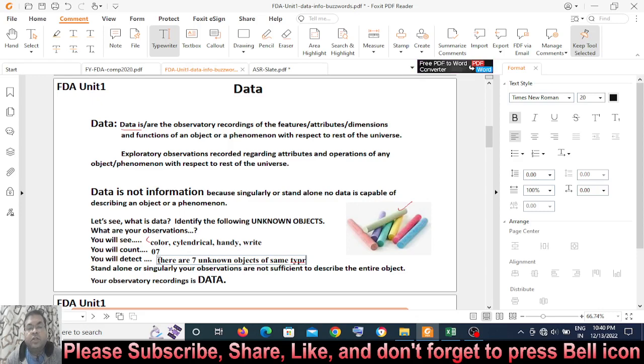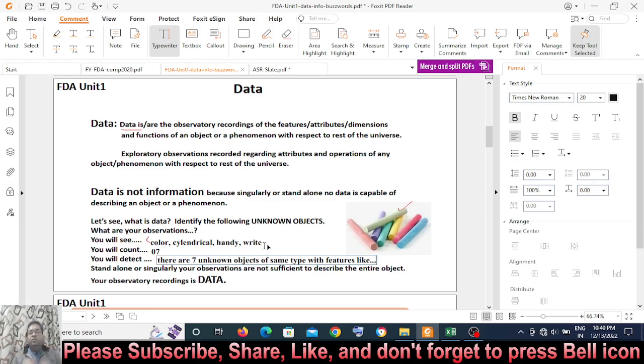Same type with features, and you go on listing the features of this object. The object has color, a cylindrical shape, and is handy, so you can handle it very easily. This object can be used to leave its mark when we rub it against some surface.